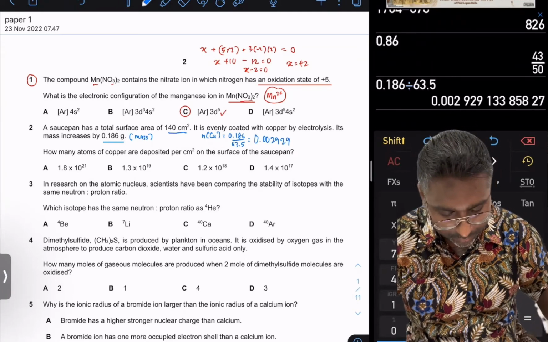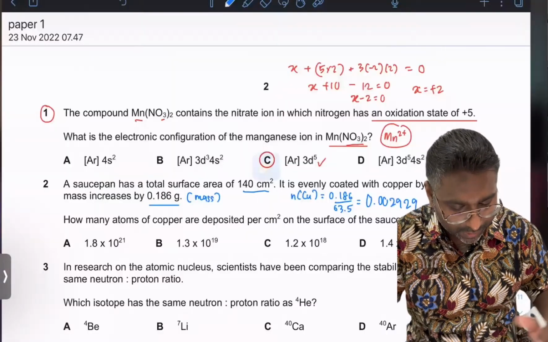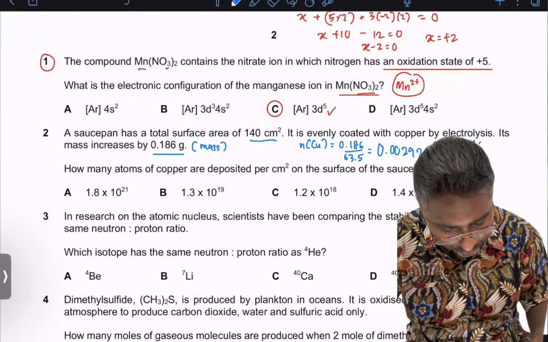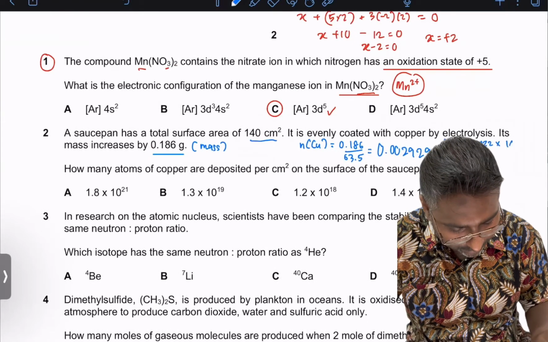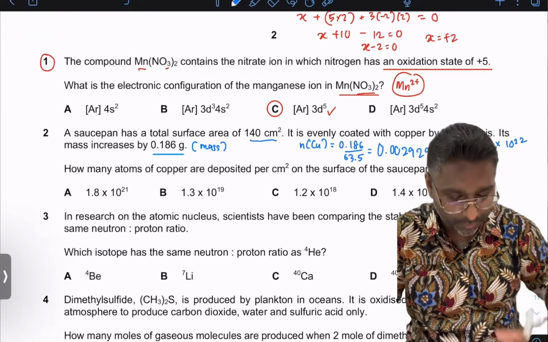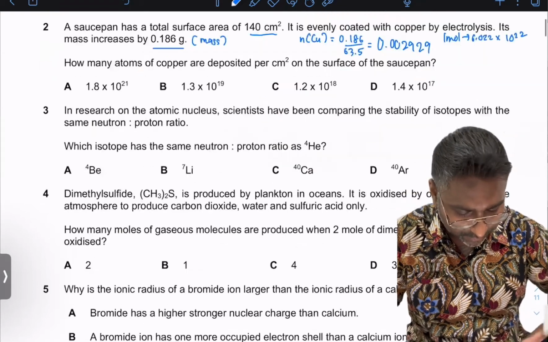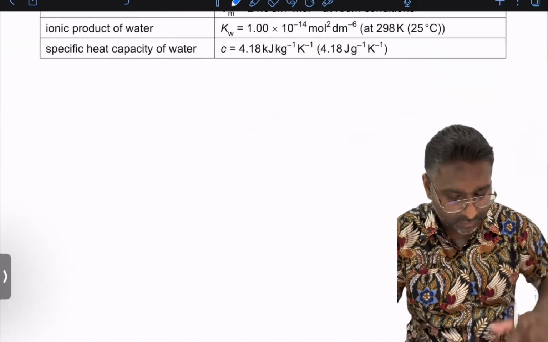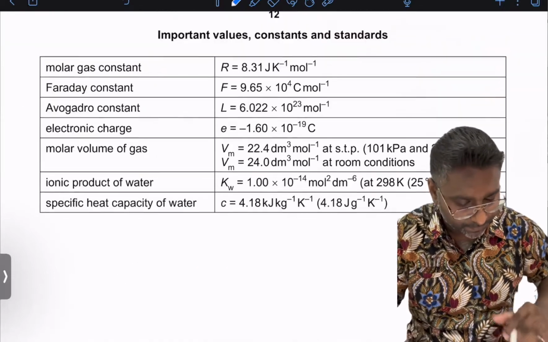I know that for every 1 mole, I am going to have 6.022 times 10 to the power of 23 atoms. You can check these values, it's given.